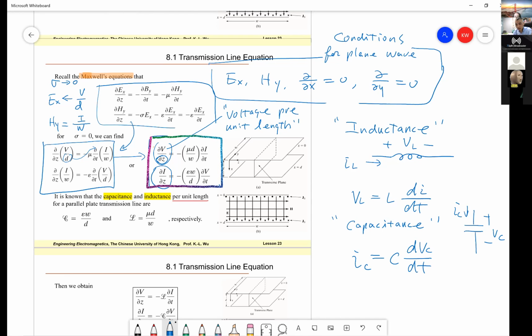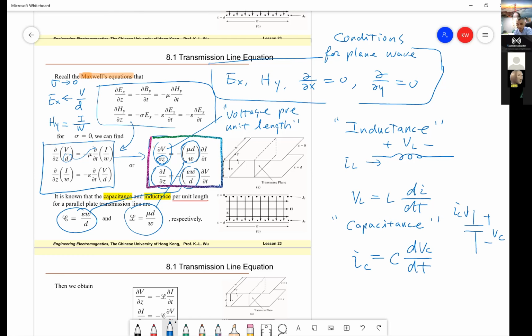Then under this circumstance, I can say this is an inductance per unit length for parallel plate transmission line. And this is capacitance per unit length, right?